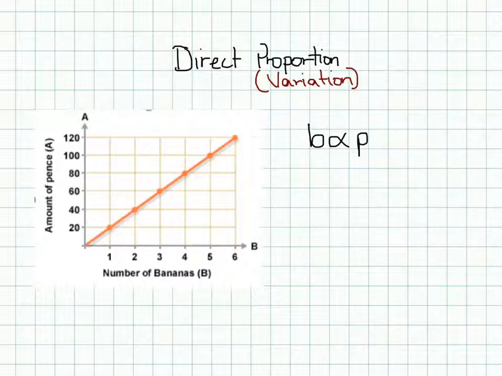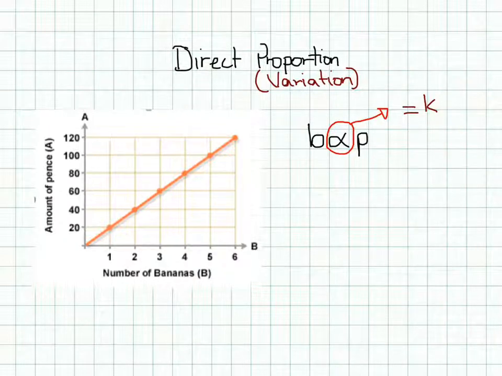Now I've introduced a symbol here, alpha. Let's talk a little bit about alpha. Because they're directly proportional to each other, my alpha actually takes on something else. Wherever you have that alpha, you replace it with equals k, where k is a constant. It's just a number, just a random number. That's what my k is.